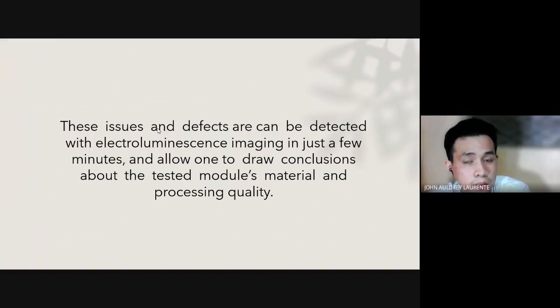So again, electroluminescence is a way of detecting defects which are invisible to the naked eye, through the process of light emission by means of a large electric field or electric current.